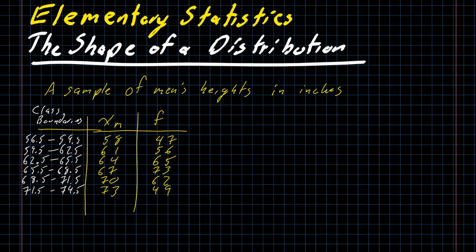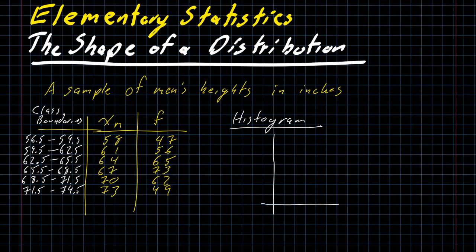Once we have the class boundaries, either because we were able to figure them out or because they were given to us, we can use those to produce a chart called a histogram. A histogram looks very similar to a bar graph, but there are a couple of key distinctions.